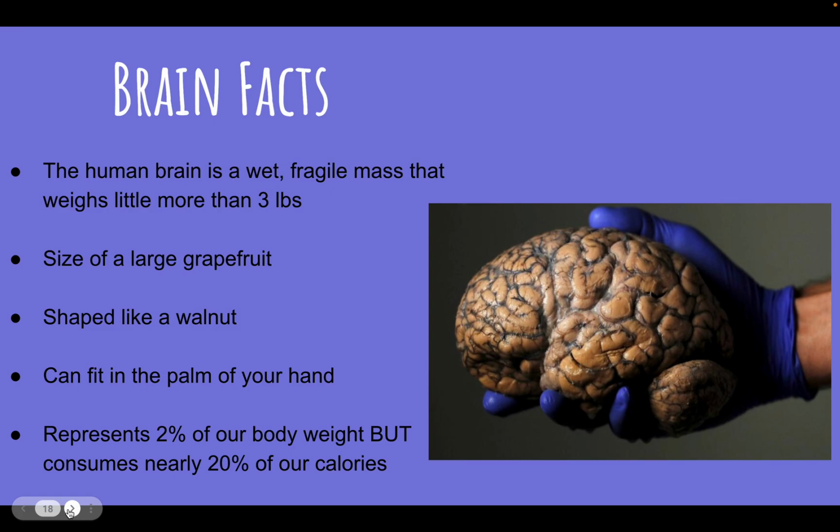So somebody asked me prior to us starting, in your KWL, when I said, what are some things that you want to learn about the brain, somebody said, how much energy does the brain require? So I found this little bit of information. The brain represents about 2% of our body weight, but it consumes nearly 20% of our calories.